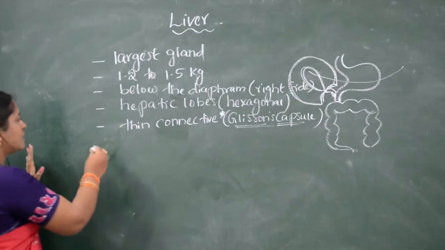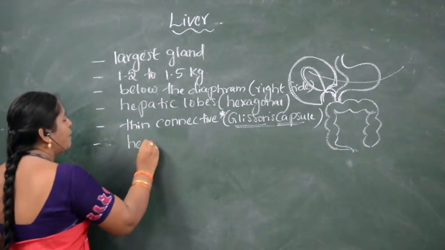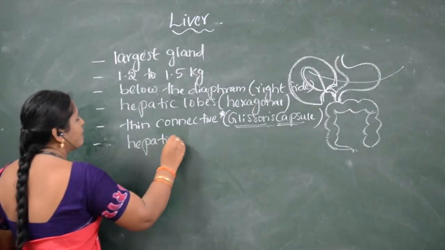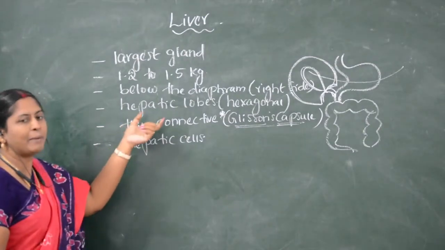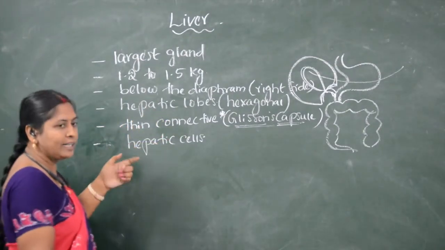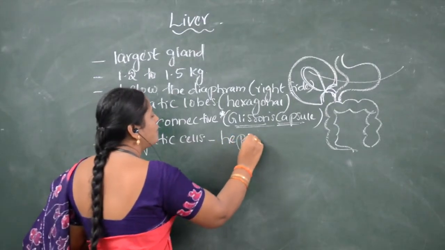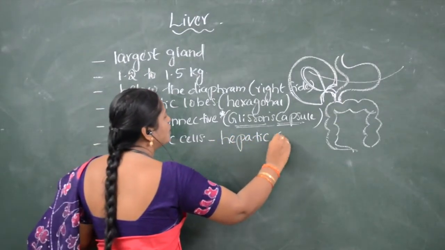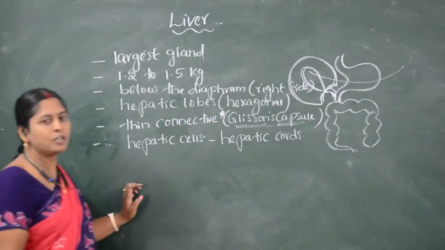Each hexagonal hepatic lobe consists of hepatic cells. Hepatic cells are present inside the hepatic lobes, and they are arranged in the form of hepatic cords.